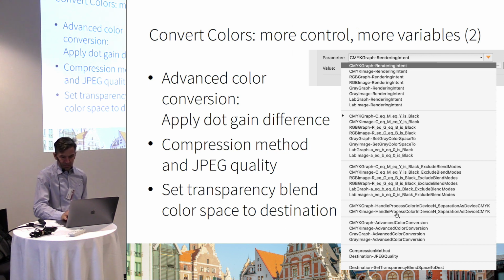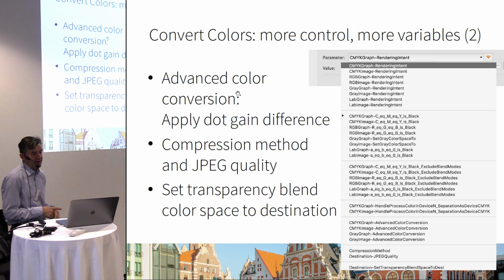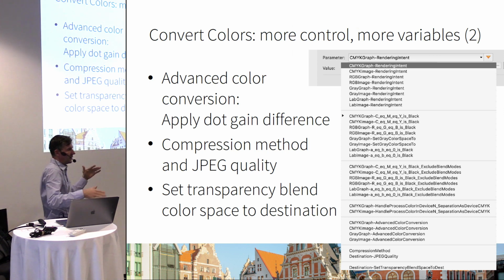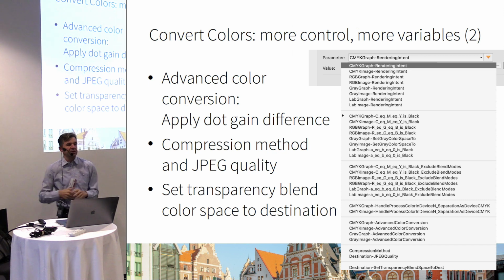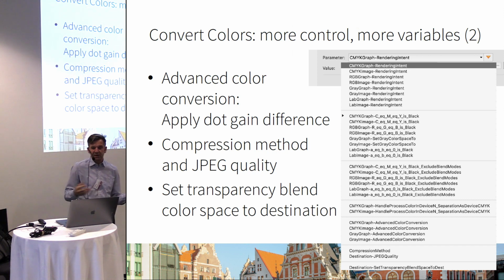And then we are here, apply dot gain difference for advanced color conversion. That means I have a CMYK object and I'm converting to another CMYK color space. So let's say from uncoated to coated.